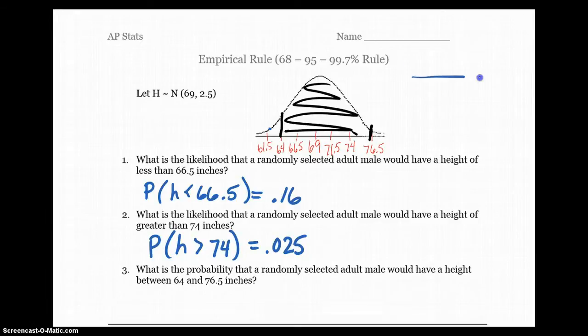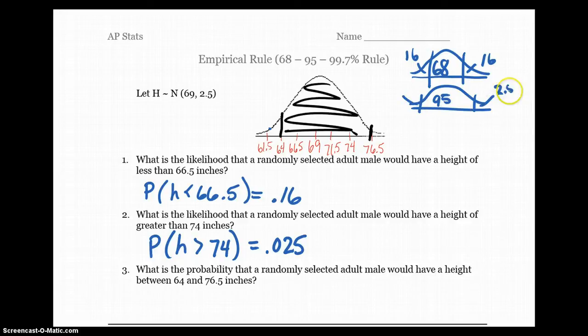So in a general sense, if 68% is in the middle, then each tail is 16. If 95% is 2 standard deviations away, then each tail is 2.5.